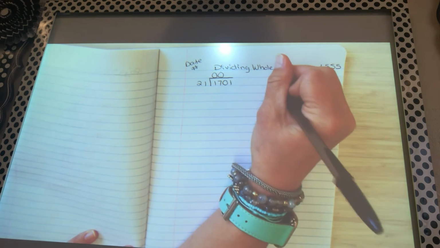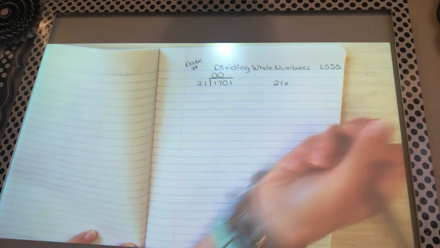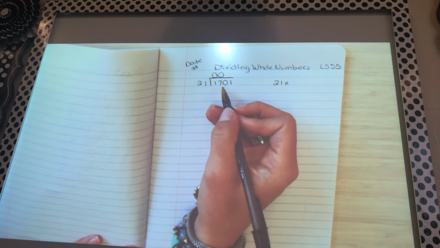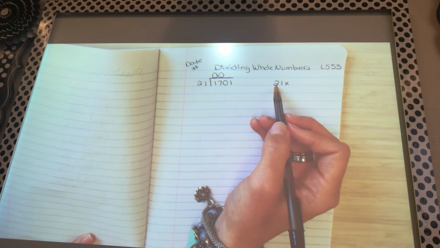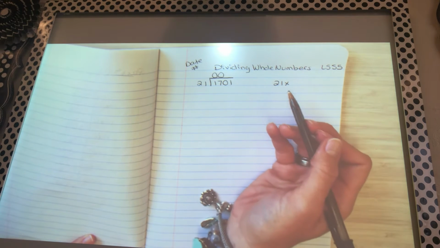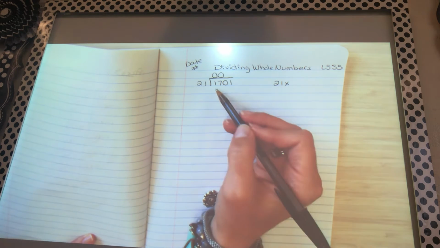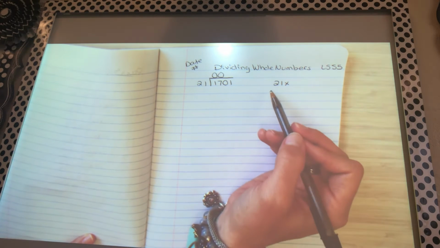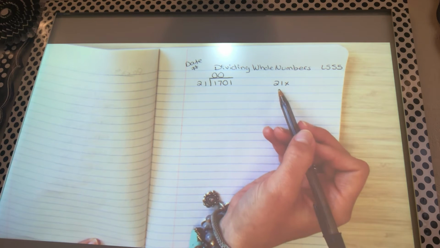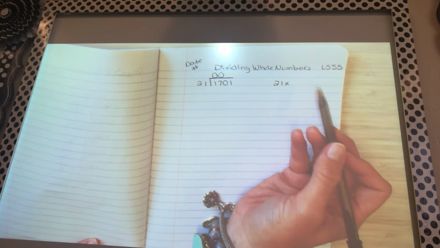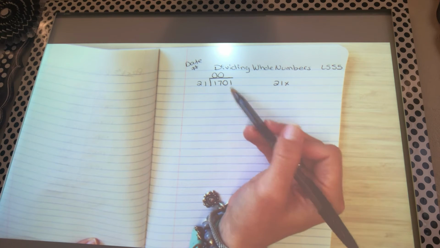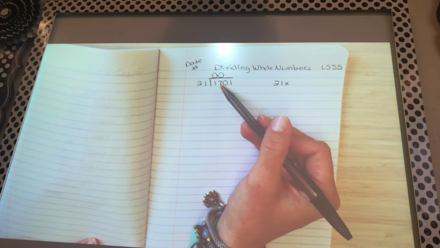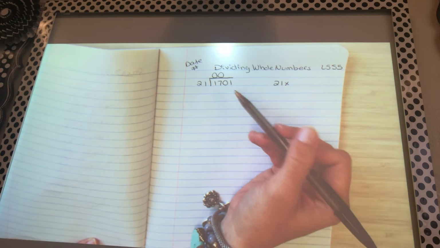So now I'm going to think, what number can I multiply 21 by to get me close to 170? Well, if it was just 2, 2 times 6 would be 12, so that's not close to 17. 2 times 8 would be 16, so I should try 8, because that is close to 17.